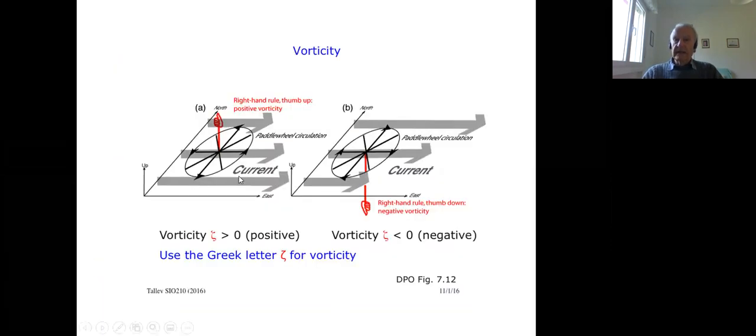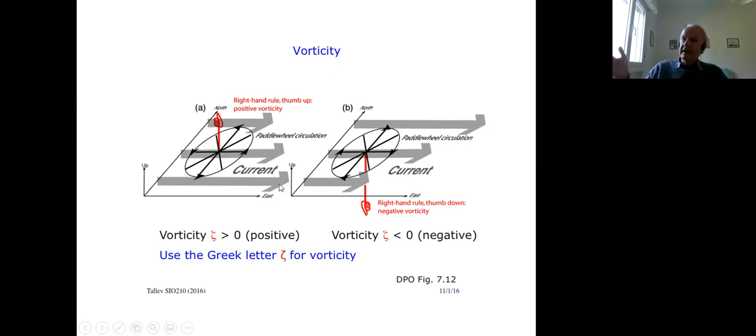So if you go here, and on one hand, if your parcel is moving along the circle this way, it will have the positive vorticity. But this positive vorticity you will obtain also if you have the currents which are changing in this direction, in that way.